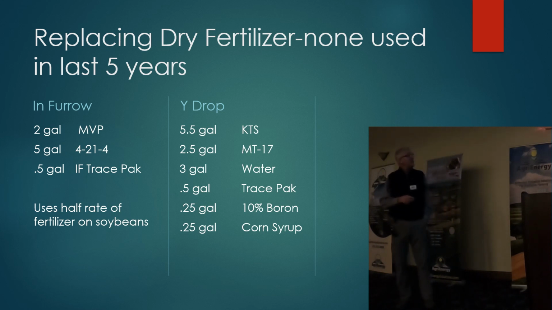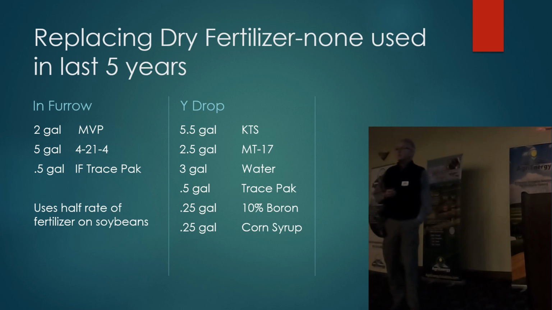For the last 5 years, he's done a program like this. He's used no dry fertilizer. In furrow, he's going 2 gallons of MVP, 5 gallons of 421-4 with an in-furrow trace package. Then he comes back and Y-drops the rest of his nitrogen with 5.5 gallons of KTS, potassium thiosulfate.